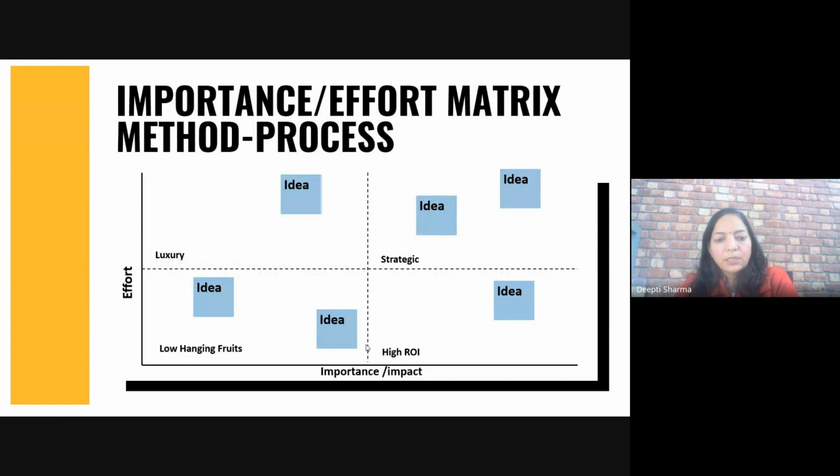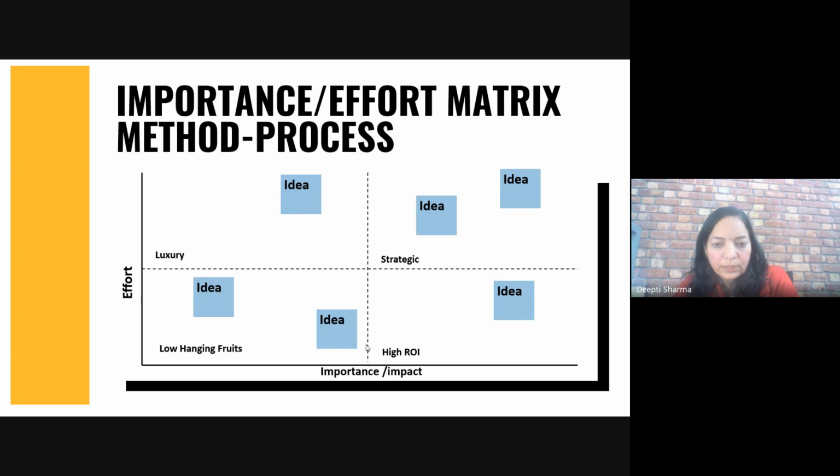This matrix says that we should have an impact and importance axis as well as the effort axis. We have divided this into 4 parts. First is low hanging fruits. Second is high ROI. Third is luxury, and fourth is strategic.